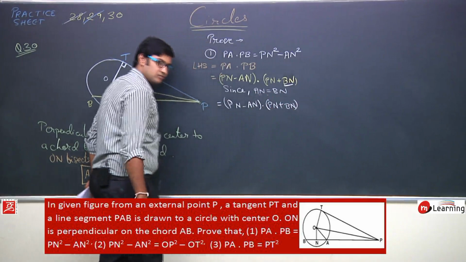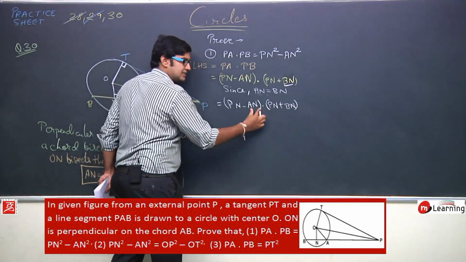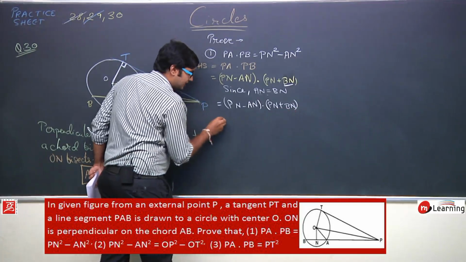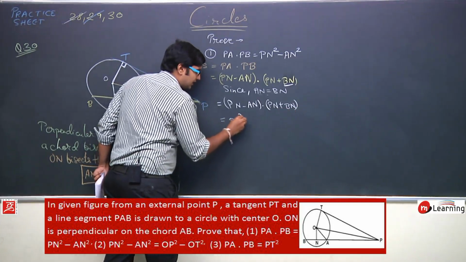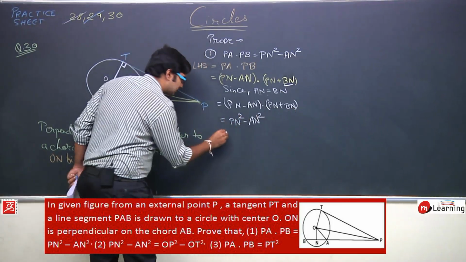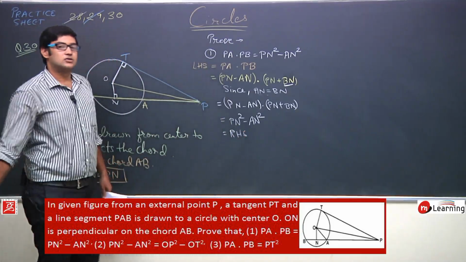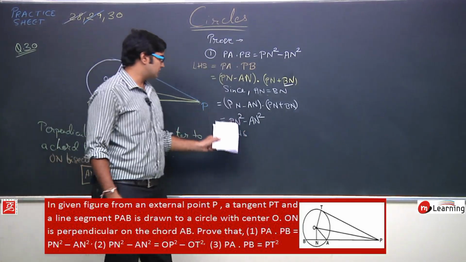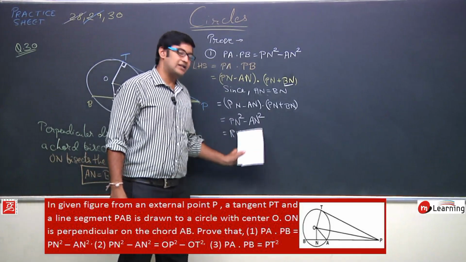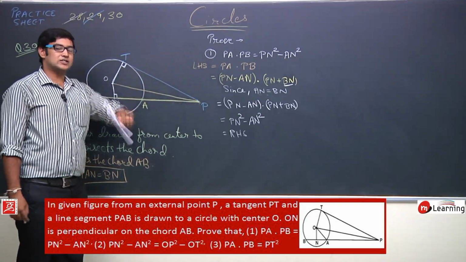Now this is of the form A minus B and A plus B. PN minus AN and PN plus AN. So I can write this as PN square minus AN square, and this is what the RHS is. So hence proved. This is the proof for the first condition.